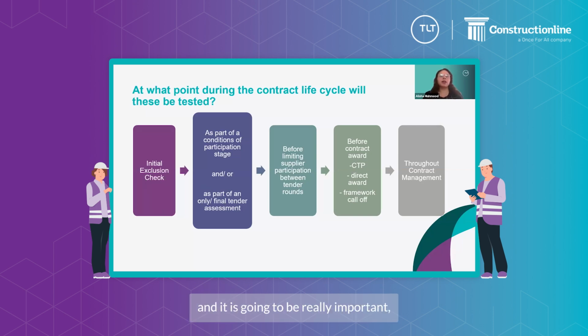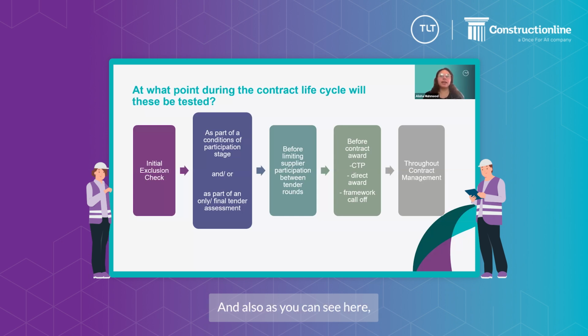And it's going to be really important, because your circumstances could change at any point, if they do change, to let the contracting authority know as early as you can, as it's going to be more difficult for them to navigate the later on in the process that they are informed. So our advice would be to be really upfront and tell the authority as early as you can if you suspect any of the exclusion grounds could apply. This is because, of course, your circumstances could change, and also because contracting authorities are going to be testing and should be thinking about exclusion grounds at the different stages and processes of the procurement procedure.